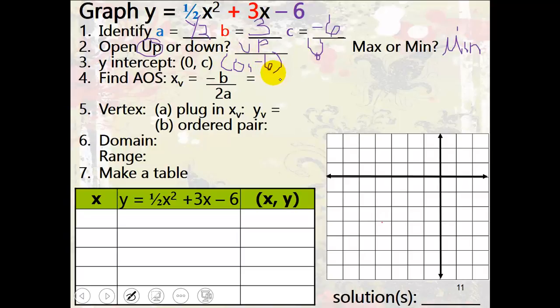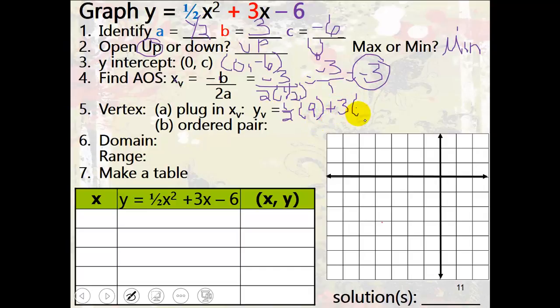If I'm going to find my axis of symmetry, which is also the x-coordinate of my vertex, I'm going to calculate negative b over 2a. So that's negative 3 over 2 times a half. So that's negative 3 over 1, which equals negative 3. And then I'm going to take this number and plug it into my equation. So I have 1/2 times negative 3 squared, which is 9, plus 3 times negative 3 minus 6.